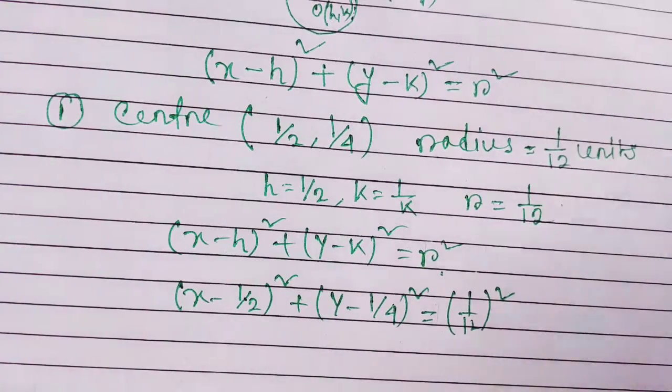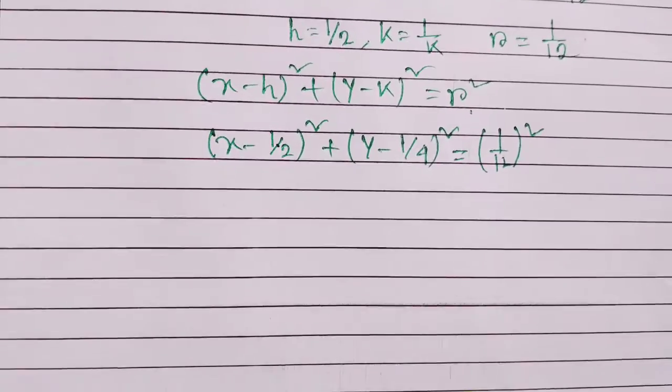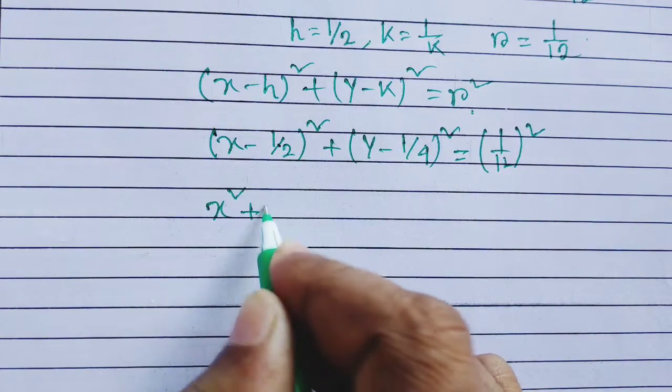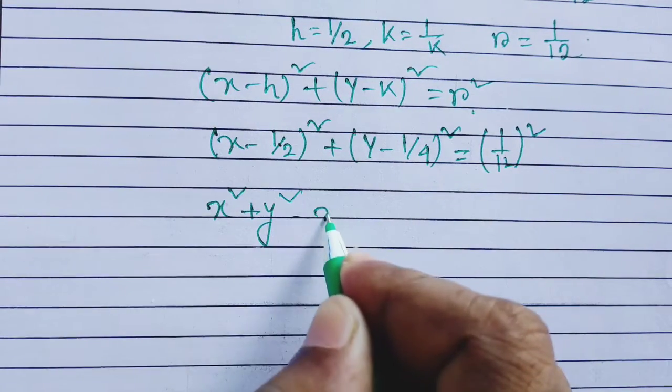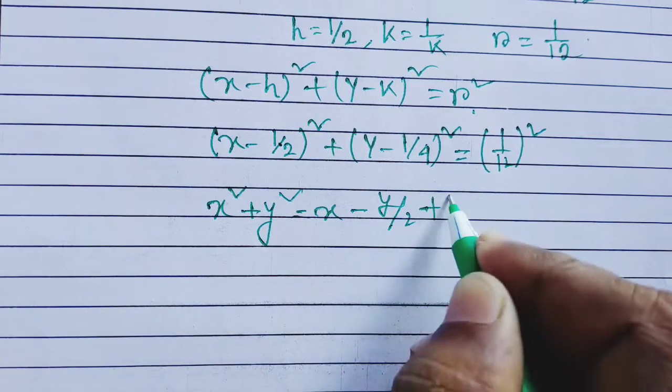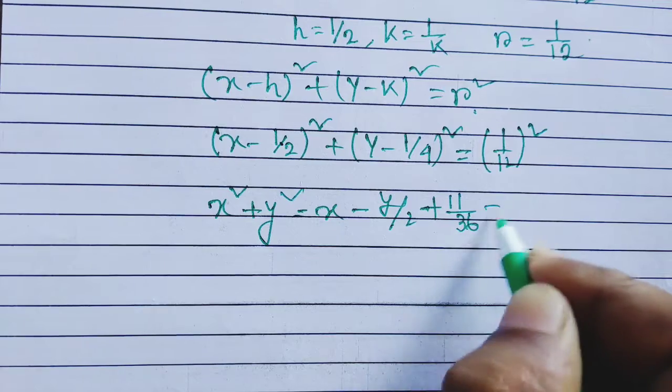Now this is of the form (a minus b) whole square, so just use the formula and then we will get x square plus y square minus x minus y/2 plus 11/36 equal to 0.